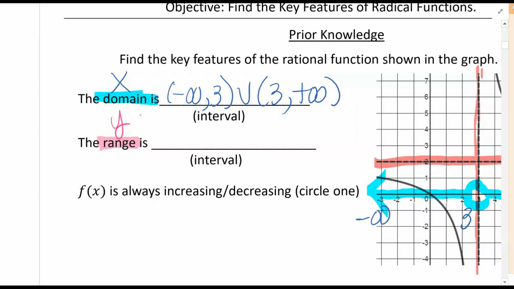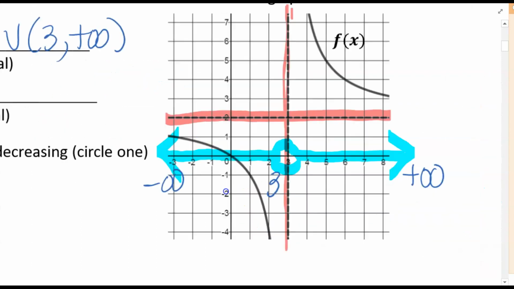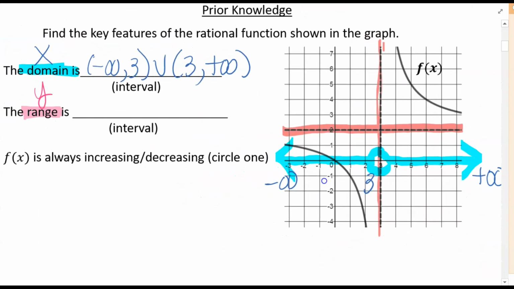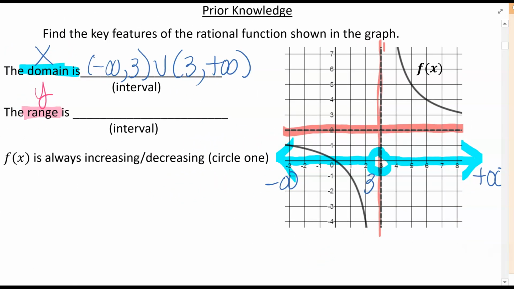Now on my graph, I'm going to highlight the y-axis this time, okay? Starting at the bottom of the y-axis, I'm going to highlight until I stop at the 2. I'm going to put an open circle at the 2, and then highlight from the top of 2.